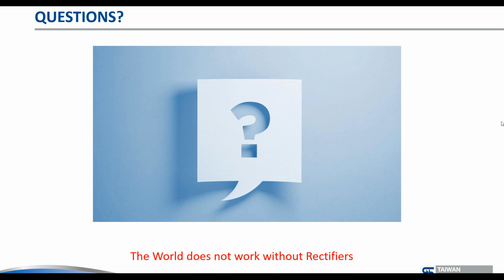I have to apologize because the question function is not working. There's a gentleman here that has a question about the chip thermal pad connection, and I cannot read it here, but I will follow up separately. So I will reply to you in a separate email. Sorry, I cannot see the question 100%, but we will reply.